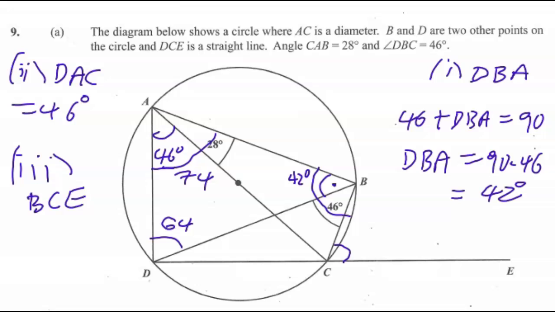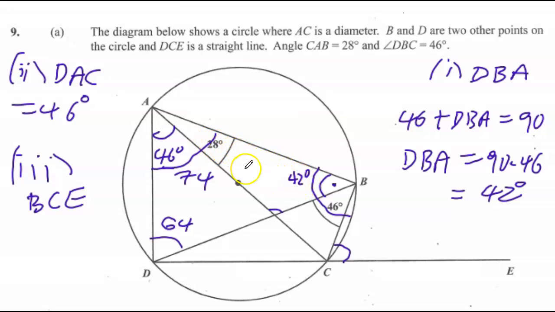Does that help us? Let's see. Maybe not. Let's look at this triangle here, A, B, and this triangle here. Notice this is 42, this is 28. What's 42 plus 28? 70.